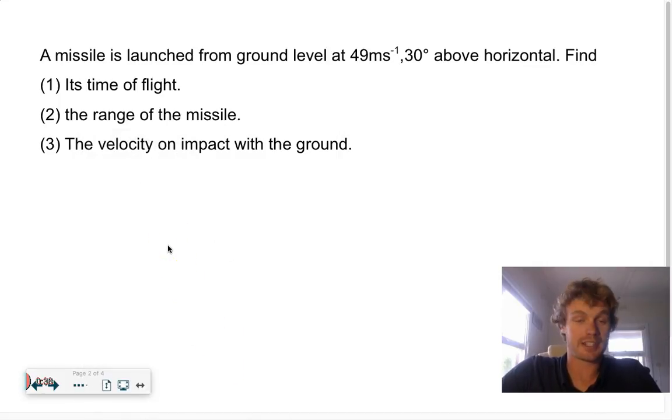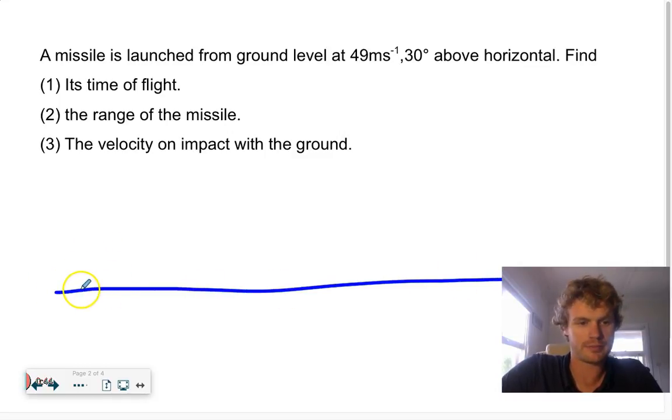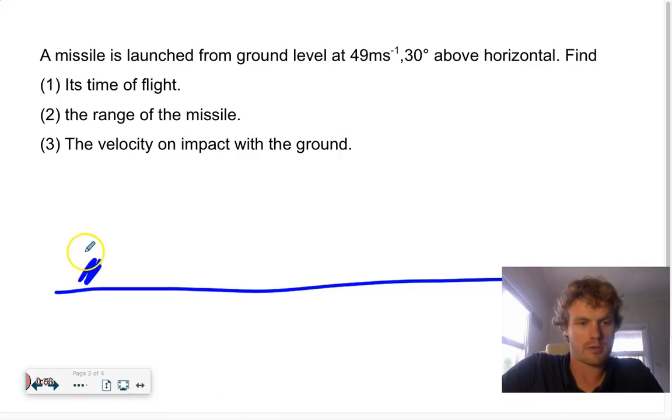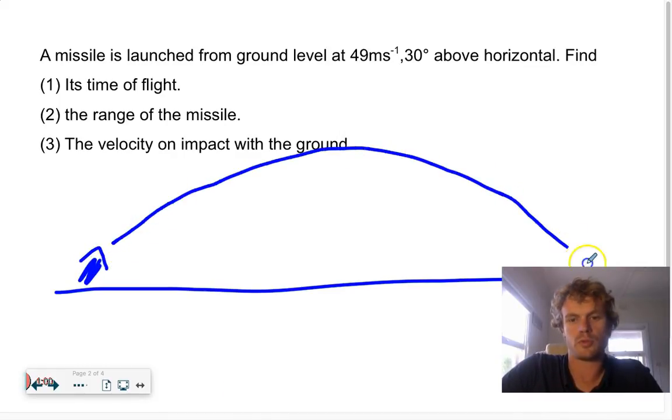So first things first, like I did with the last question, I'm going to draw a picture to show what it is I actually want to do. So ground level. There's my missile being launched, like that.